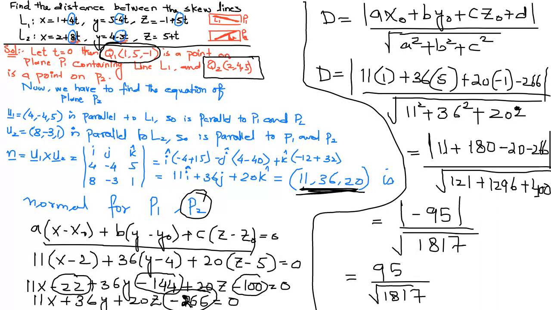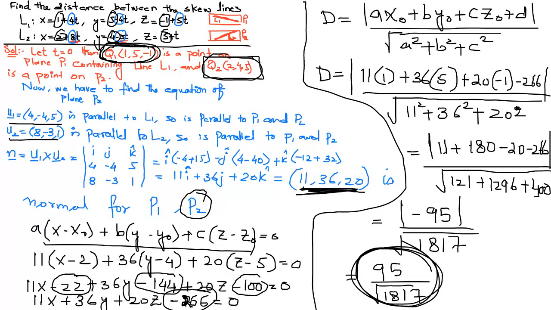So this is the distance between these two skew lines. So what you did is you took 2 points from the parametric equations. It's very simple. These are the points. After that you take the vectors, then take the cross product, and you will get the normal vector.